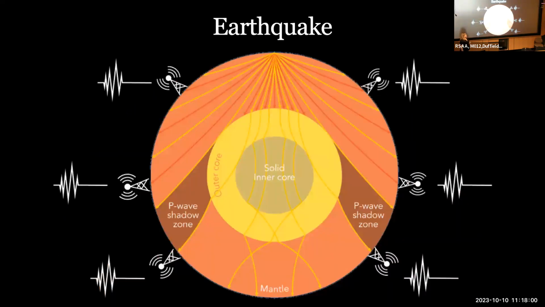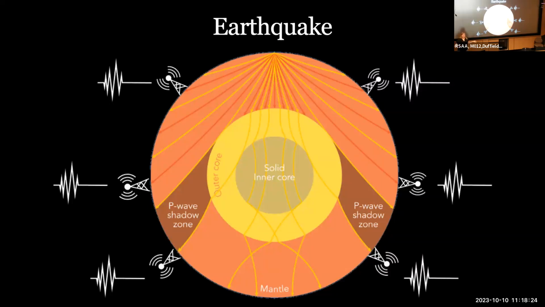So the way that seismologists go about studying waves in planets is by placing seismometers around the Earth and then measuring also arrival times of these waves and whether these waves are seen or not. So some waves cannot penetrate different parts of the Earth, and that's why we get these shadow regions.